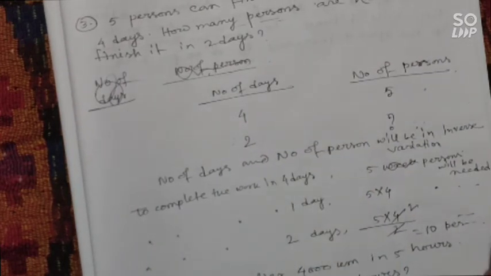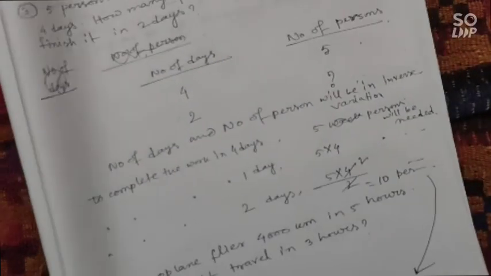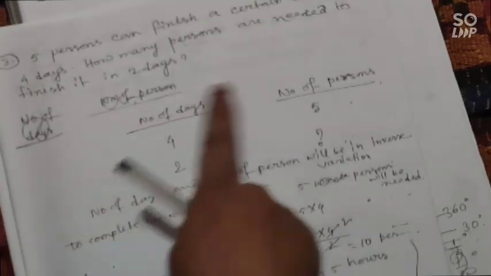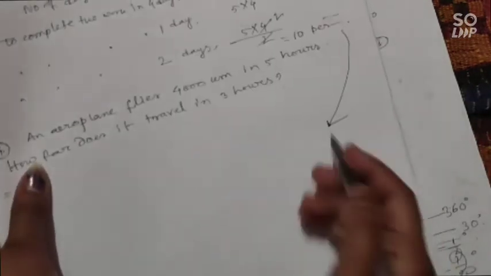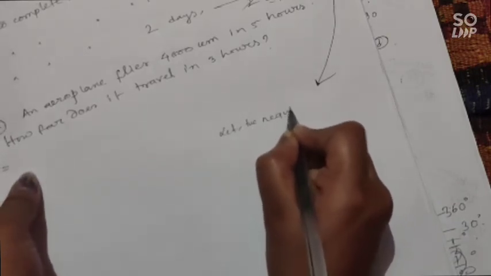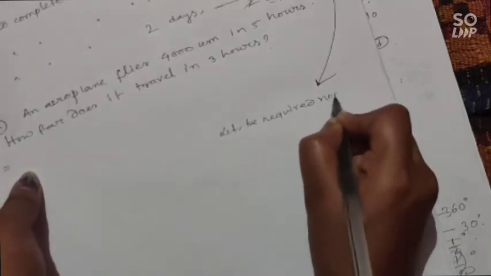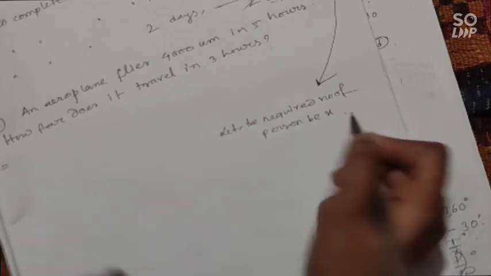There is an alternative method for solving this. First of all, you have to make a chart and write whether it is inverse variation or direct variation. Then let the required number of persons be x.